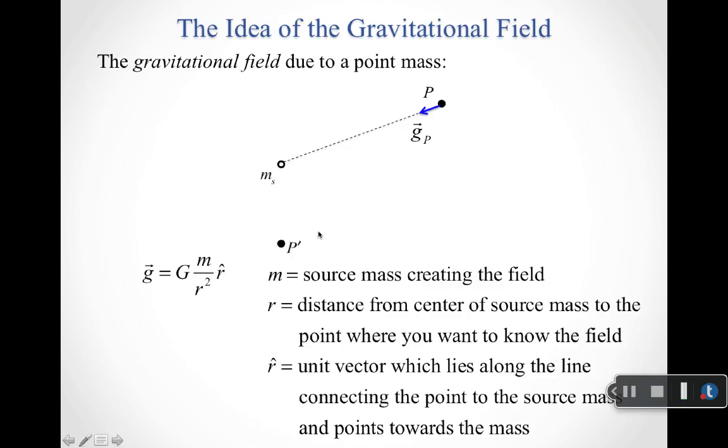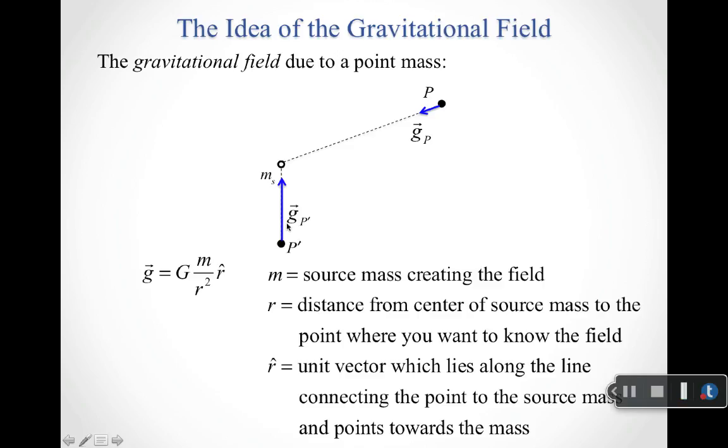And if I move to a different point, say here P prime, again I've got a new line that connects P prime to my source mass, and now I'm closer. I haven't changed what my source mass is, but because I'm closer, the gravitational field is going to be much stronger.